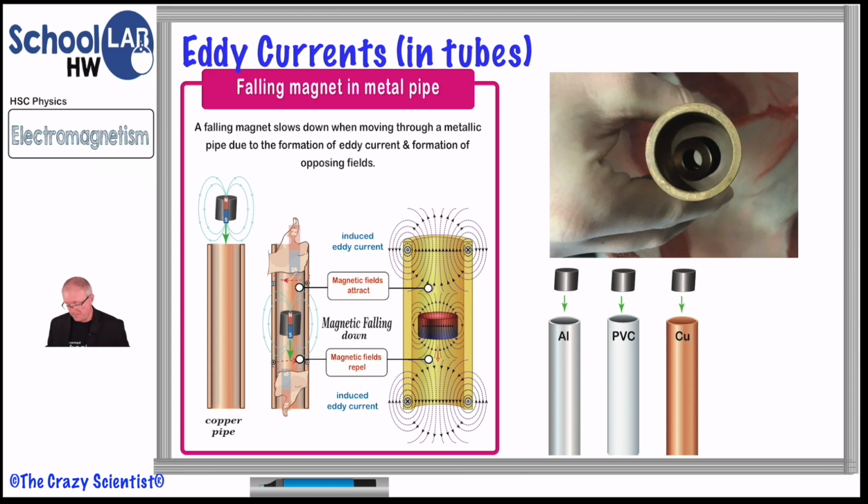Now, as a physics student, we of course know they slow down because there's relative motion between a magnet and of course a conductor. So as the magnet falls down, the walls of the conductor are exposed to a changing magnetic field. Now, because of Faraday's law, we get an induced EMF in the walls of the conductor.